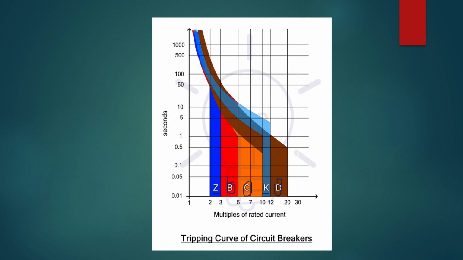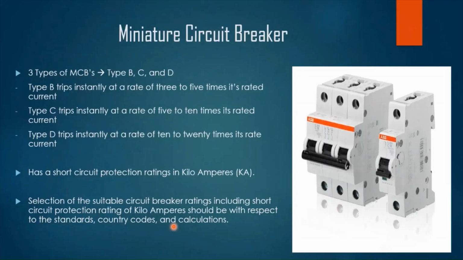Type Z trips 2 to 3 times its rated current, while K trips 10 to 12 times its rated current. We can understand from the graph that the more overload or short circuit, or the more multiplication of the rated current of the breaker, the less time it's going to take to trip the breaker.